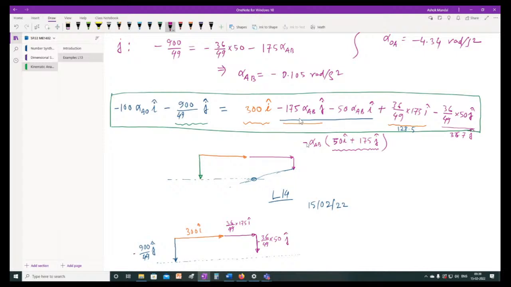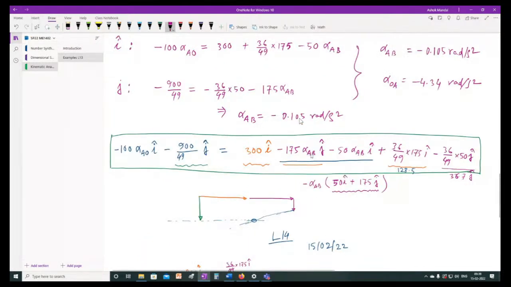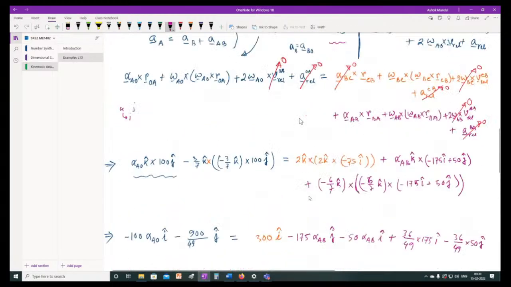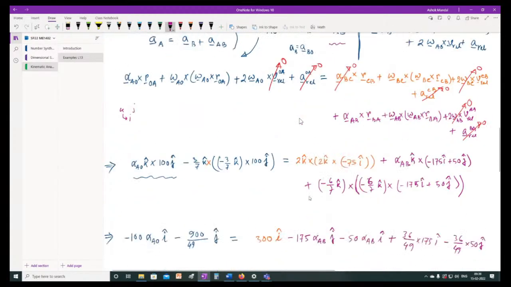Yes, sir. Now see one thing. If we go back to its calculation, from where it came, what is this term? It came from this, right? Alpha AB cross this, right? Yes, sir.